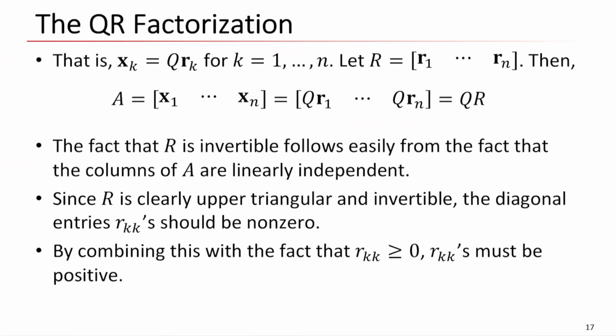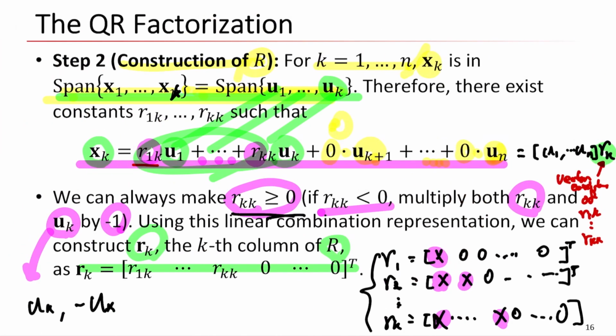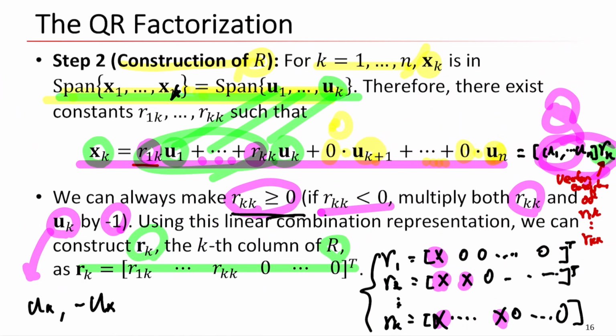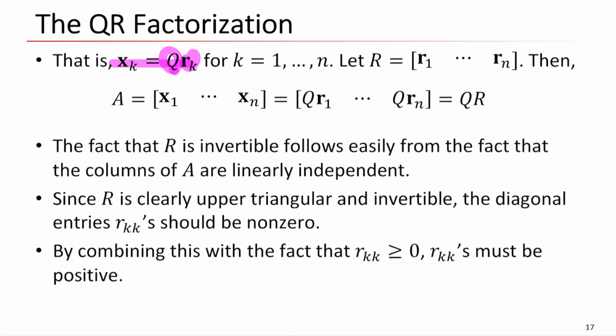And then we know xk is equal to the matrix q times rk, something like this, right? Because this is the matrix Q. So xk is q times rk, for k equal to 1 through n.